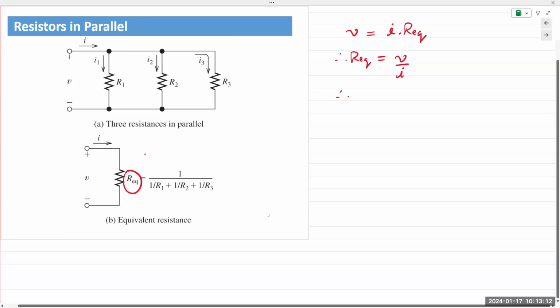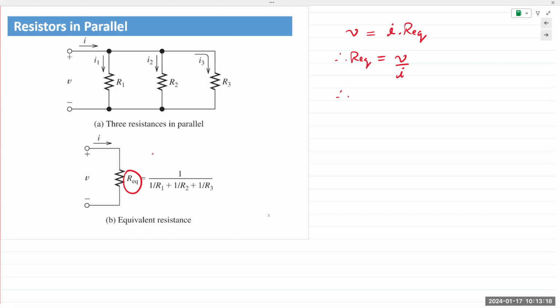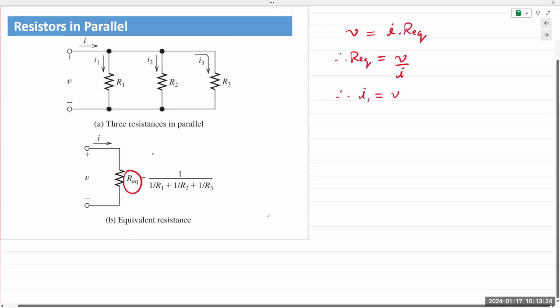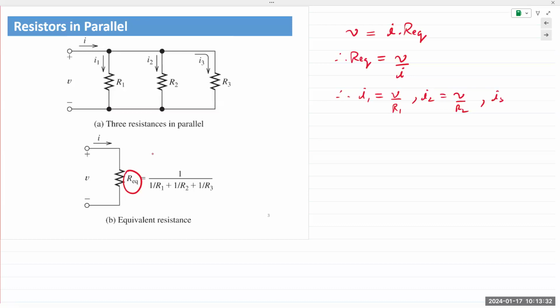Because it's a parallel network, the same voltage appears across all three resistances. And because it's the same voltage, I can write I1 is equal to V over R1. I2 is V over R2. And I3 is V over R3.